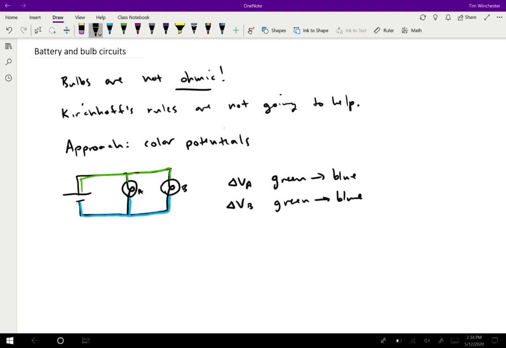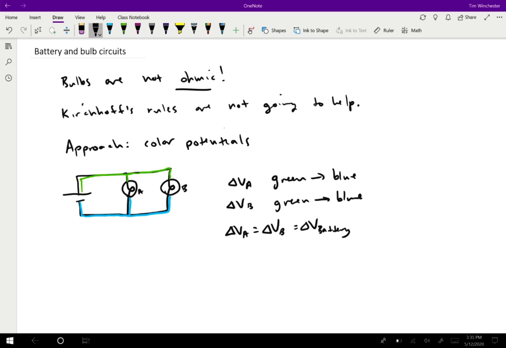So keeping in mind that green and blue are representing specific numbers, I just don't know what they are, that tells me that the delta V across A equals the delta V across B, which, for that matter, equals the delta V across the battery.